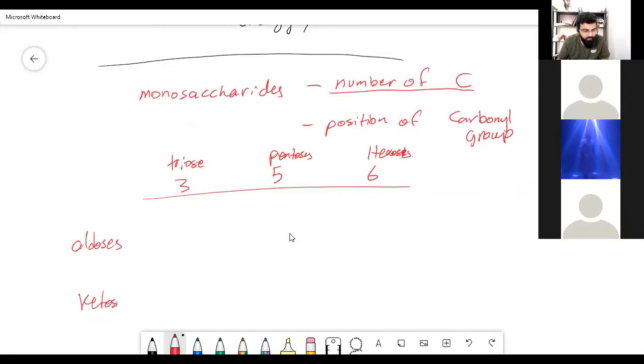For the aldoses, where is the position of the carbonyl group? In the middle or on the top? In the top for aldoses. Ketoses in the middle.